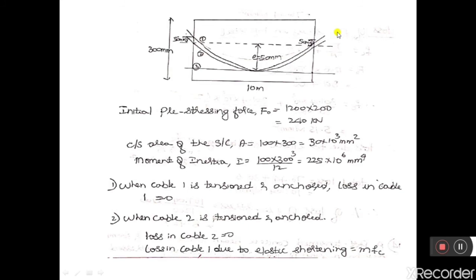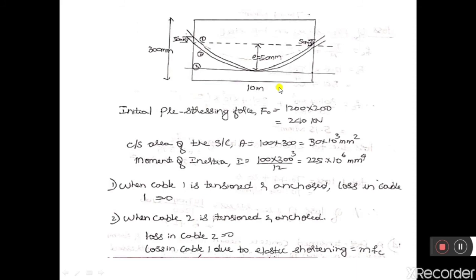Now coming to the second cable, when cable 2 is pulled, the loss in cable 2 is 0 and the loss in cable 1 has some value. The loss in cable 1 due to elastic shortening is equal to M into Fc, where M is given as the modular ratio 6, and Fc is the compressive stress in concrete.